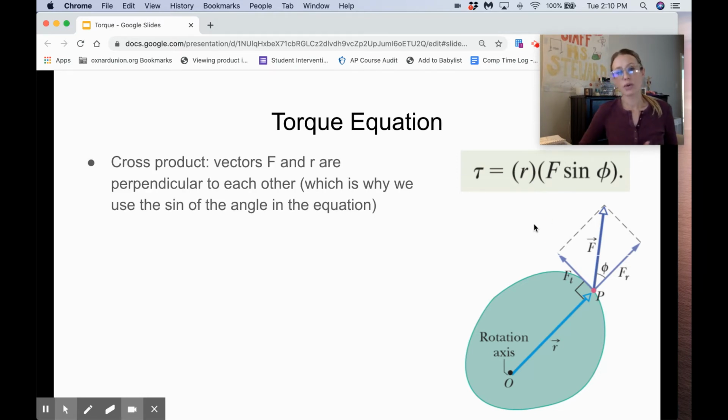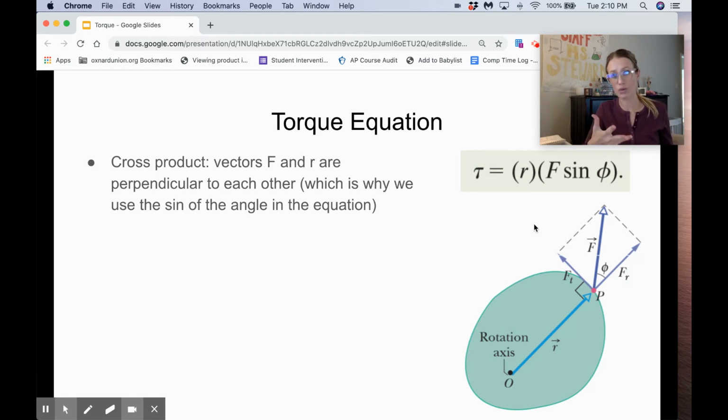So the torque equation, we call this a cross product, and I'll go into greater detail about what a cross product is in my next video. But basically, a cross product is when the vectors, the force vector and the moment arm vector, F and r, are perpendicular to each other. So remember, a dot product is when two things are parallel to one another.